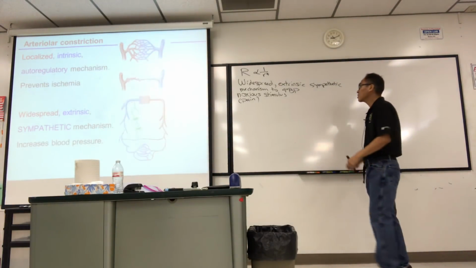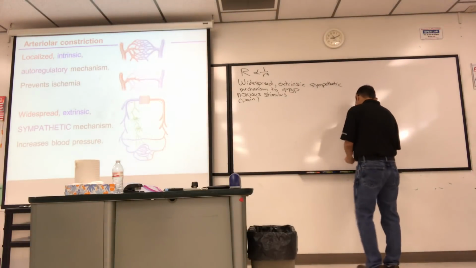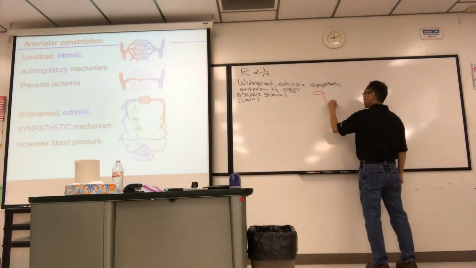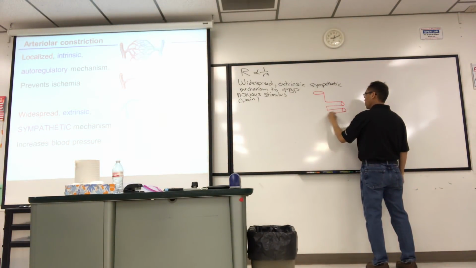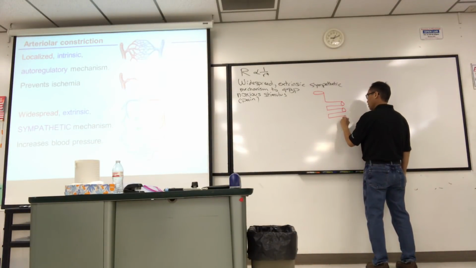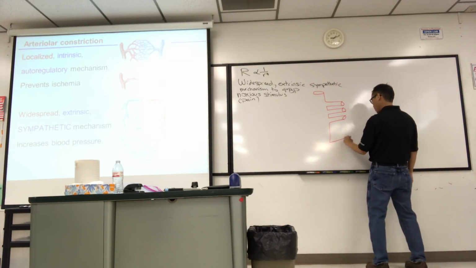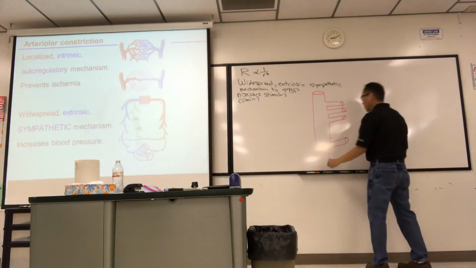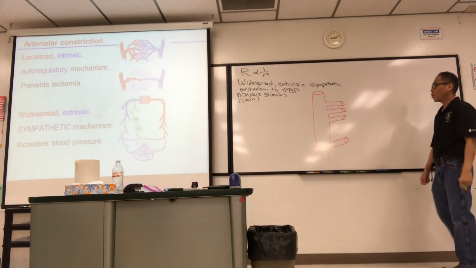So here's what happens. I'm going to draw a few more of these little blood vessels here. So let me draw one, two, let me draw a third one, and then let me draw one down here. This is a systemic response. I want to draw more than one.